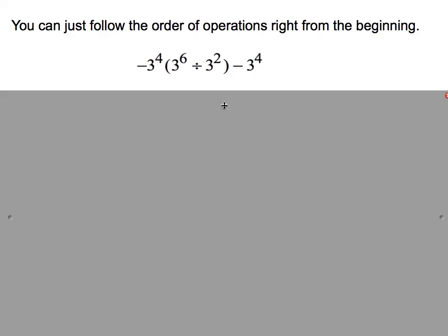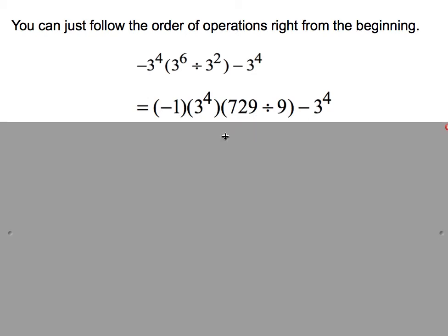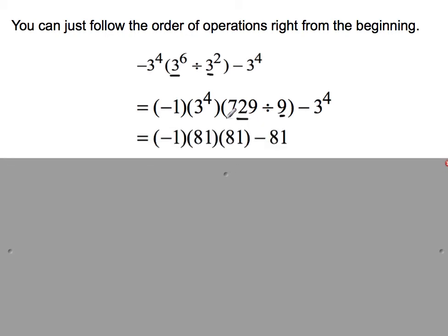If you follow the order of operations, we always do brackets first. So we're going to do, whoops, let me erase that. We're going to do our powers in our brackets first. So 3 to the power of 6 is 729. 3 to the power of 2 is 9. I'm going to do the brackets and my powers because you can do them all in the same step, since the operations are not multiplied together.